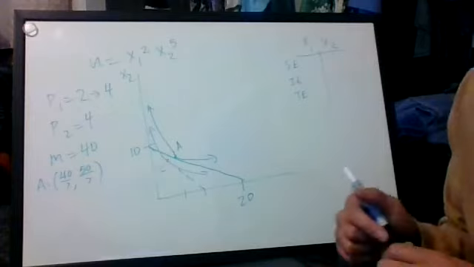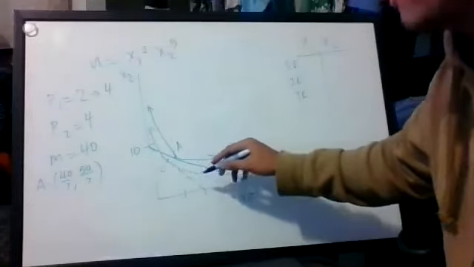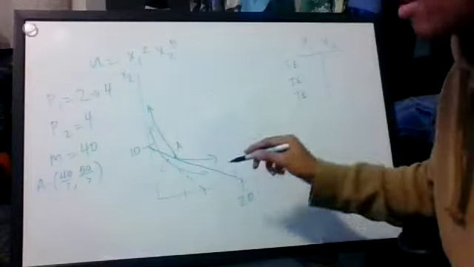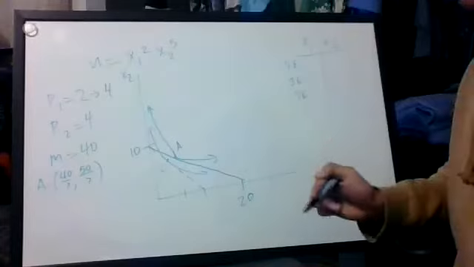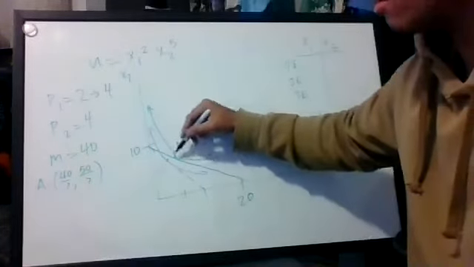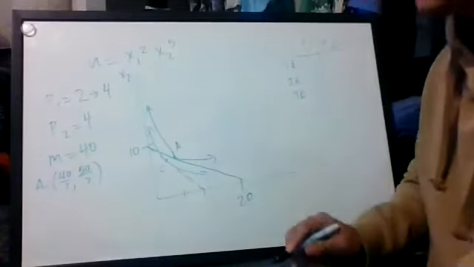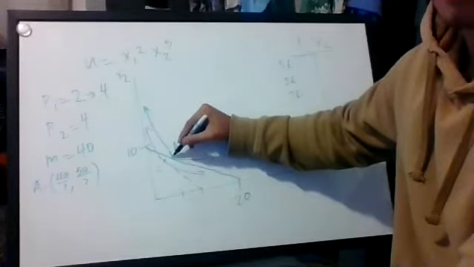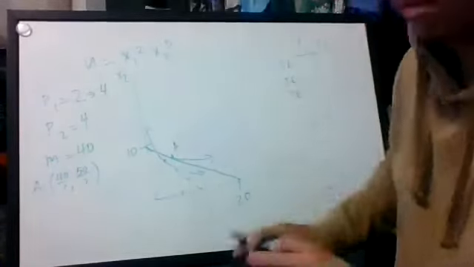And so if you take that information into account, we know that because the slope at point C is steeper than the slope at point A, and because we know these are Cobb-Douglas, and so they have diminishing marginal rate of substitution, in order to have a point that's tangent to my indifference curve, it's going to have to be to the left of A, right? Simply because we know that the slope here is greater than the slope here, right? So I kind of sketch my new, and actually this is not very curved.